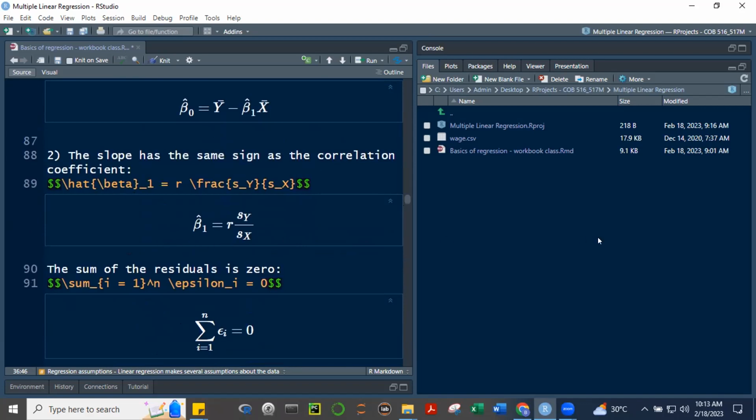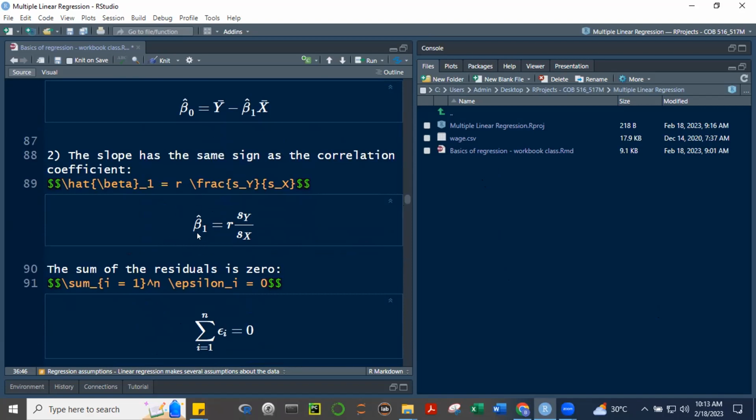Di ba sabi natin, we can compute for the correlation between the dependent variable and the independent variable. And that's denoted by R. So magkaiba class si R. Si R is the correlation coefficient. Si beta naman, this is the slope. This is the parameter.